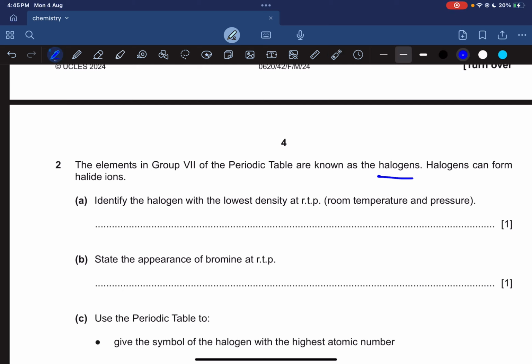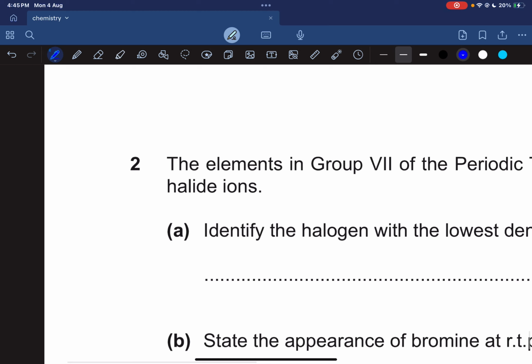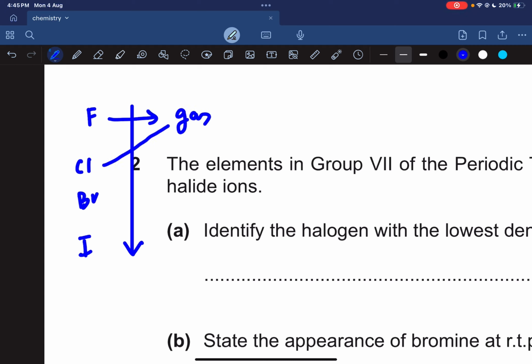You should know the trends in halogens: fluorine, chlorine, bromine, iodine. As you go down the group, their density increases. Fluorine is a gas, chlorine is a gas, but bromine turns out to be a liquid, and iodine turns out to be a solid.